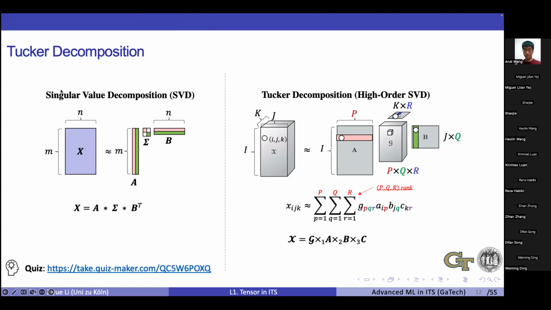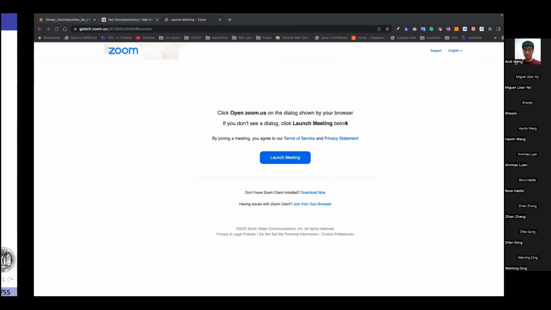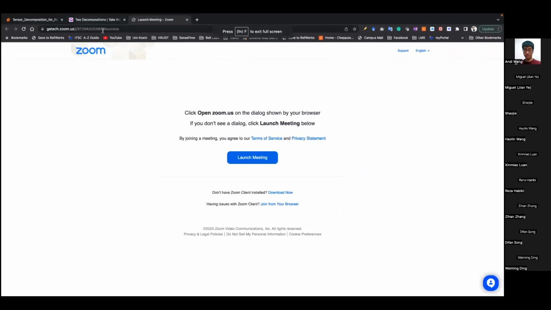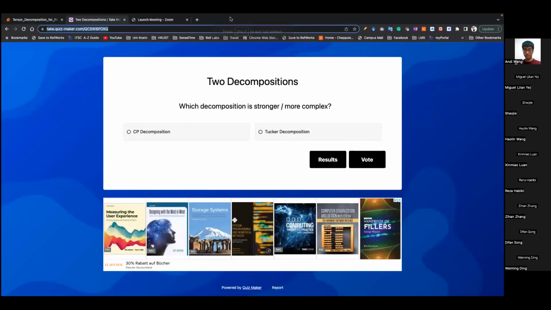So here I have a small quiz for all of you that you can click inside of the poll. I can also send it in the chat box. So the question is, we introduced two decompositions now.